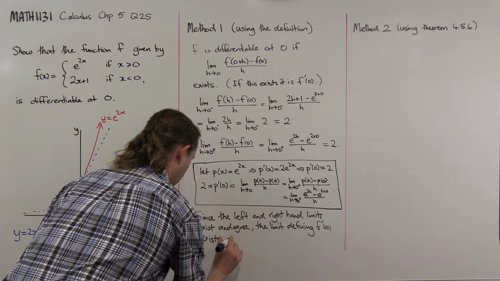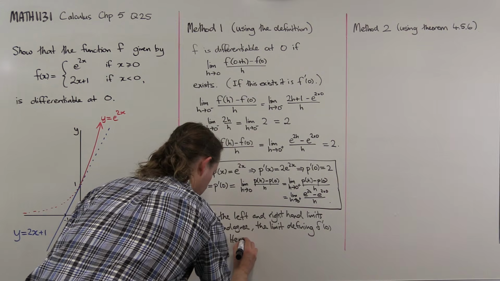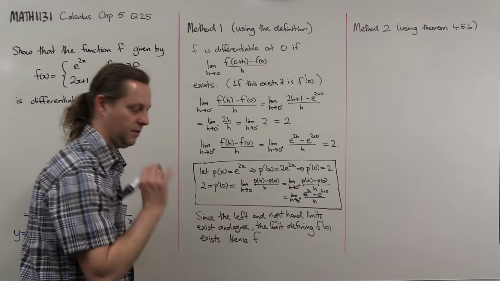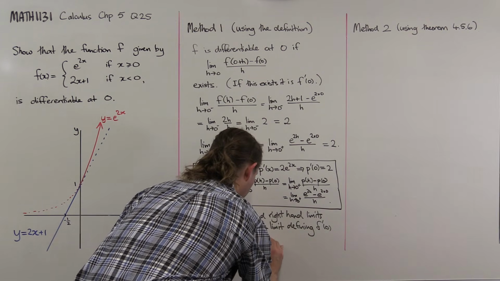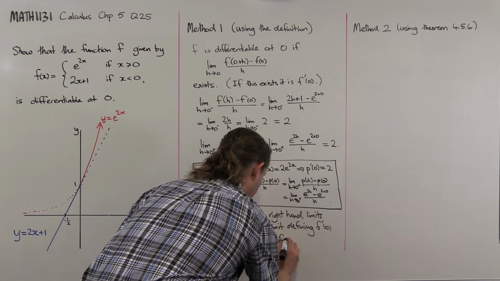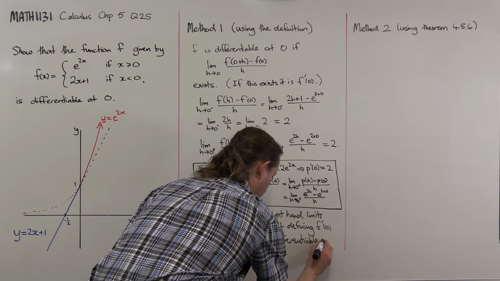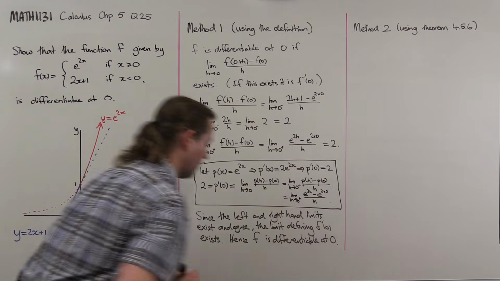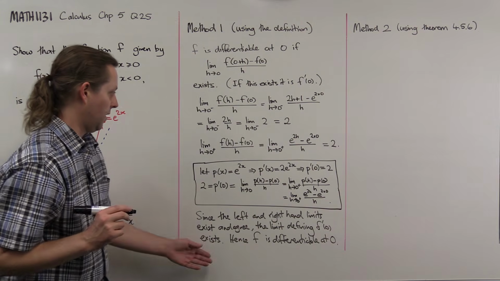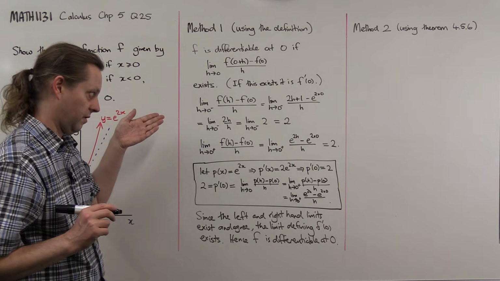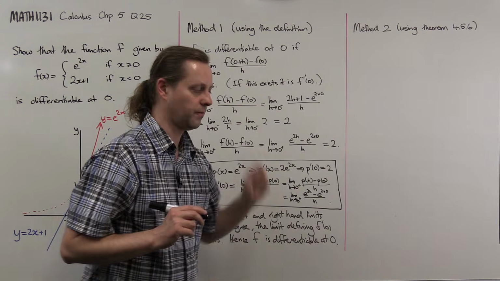Hence f is differentiable at 0, which is what we wanted to prove. And of course, we weren't asked what the derivative actually was, but of course it's this number 2.